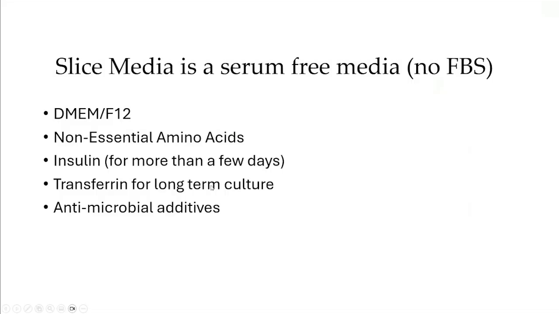So you have to be careful if you're using dexamethasone or hydrocortisone. It's not necessary. And of course, you'll want some antimicrobial additives. So you'll want penstrep, gentamicin, and an antifungal such as amphotericin.